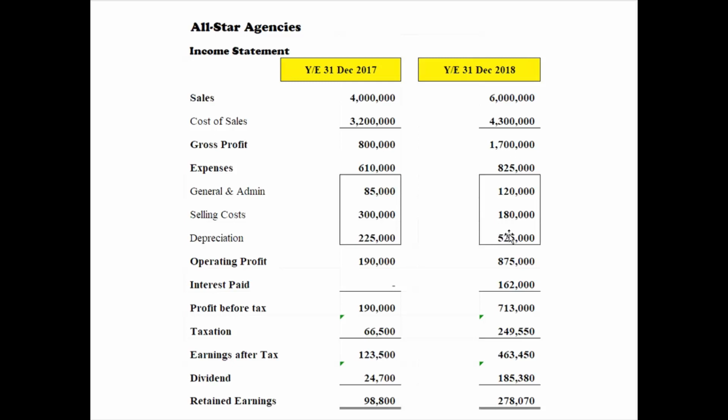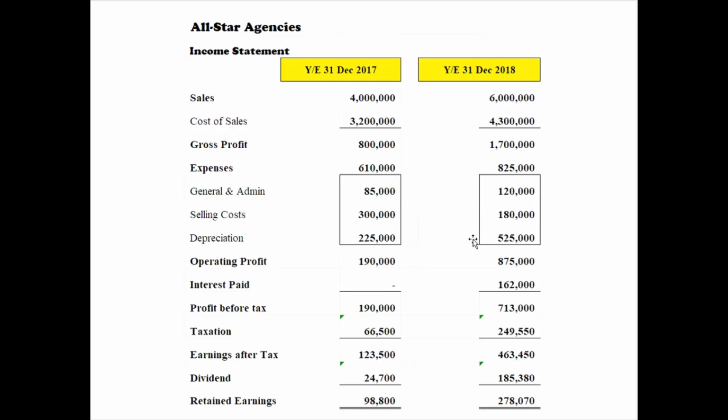Depreciation requires us to consider the fact that there are two different assets now. The fleet of vehicles from last year, this 225,000 in depreciation, is a recurring depreciation cost because we are using the vehicles in the 2018 year. But in addition to that, we've acquired a new asset.